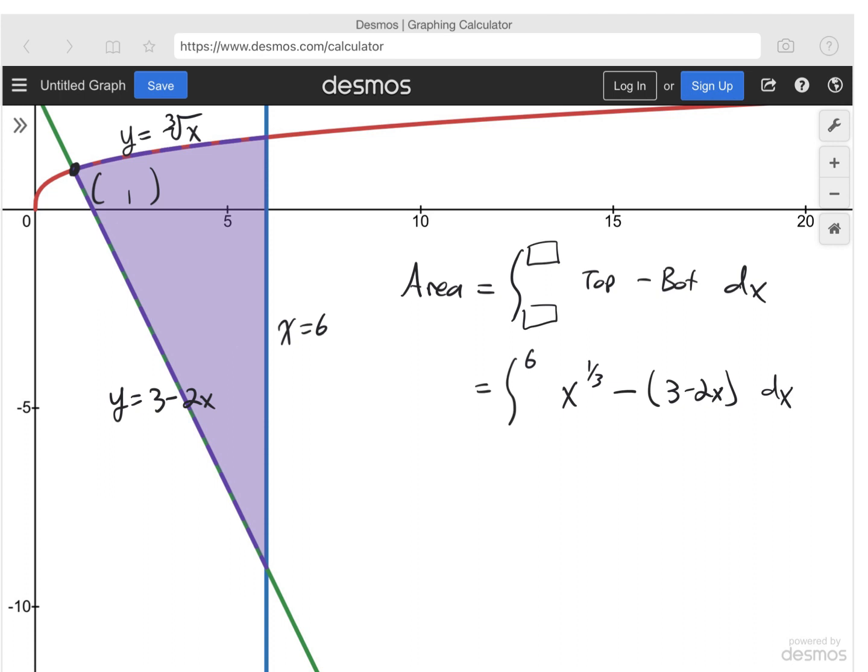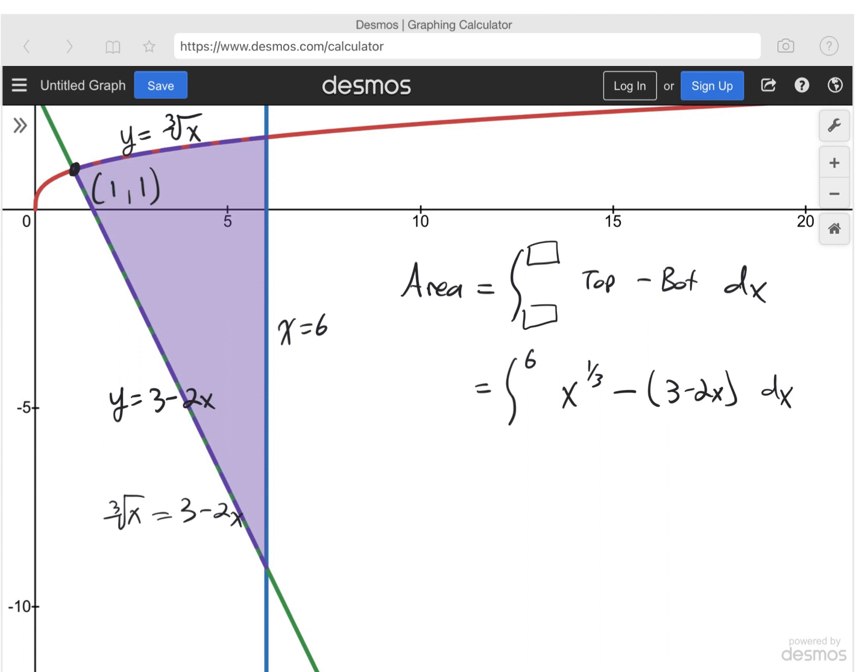If it's not, you would have to set the two things equal to each other. So when is the cubed root of x equal to 3 minus 2x? And then you would have to use algebra to solve that. I'm not really interested in getting into the algebra too much, so I will just tell you right now that these two things intersect at the point (1, 1). So the x value where they intersect is 1.